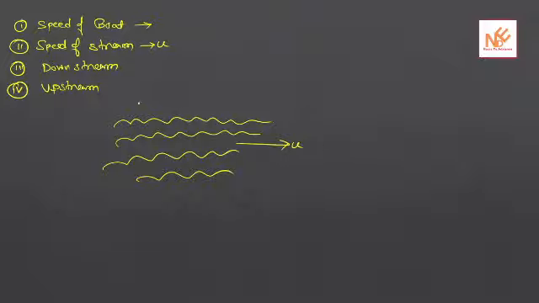Let us consider a boat which is travelling in the same direction as the stream. Let us consider this is the boat, and the speed of the boat is v.